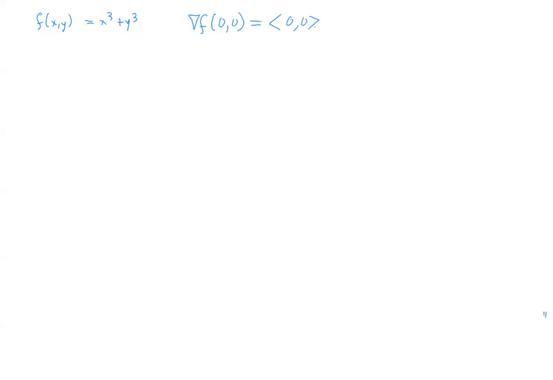odd, that means that if you move a little away from (0, 0) in a well-chosen direction, for example, if you move along the positive x-axis, you will get outputs greater than 0.